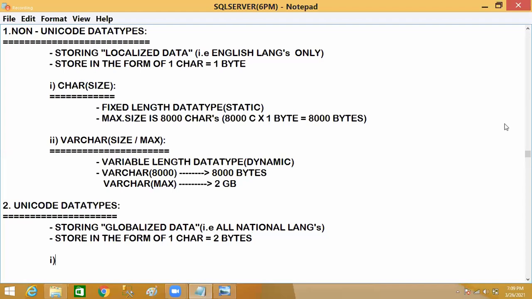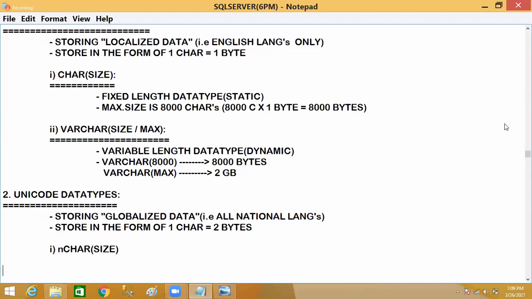The first one is called n char of size, and the second one is n varchar of size, or else we can use max.